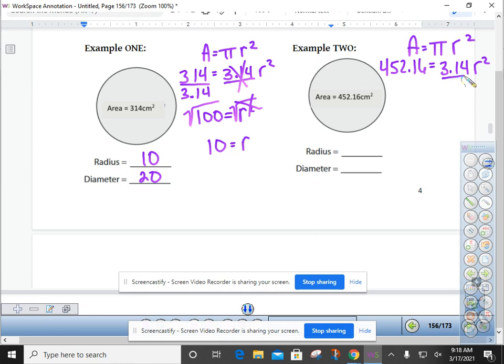What do we do? Divide by 3.14. That one just becomes a 1, because 3.14 divided by 3.14 is 1. And what is this right here? 144.